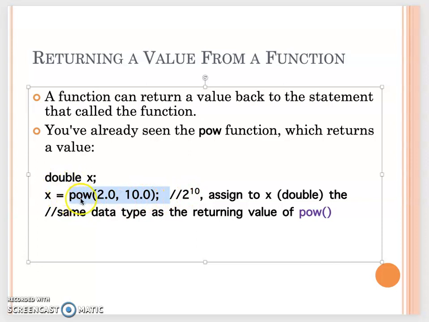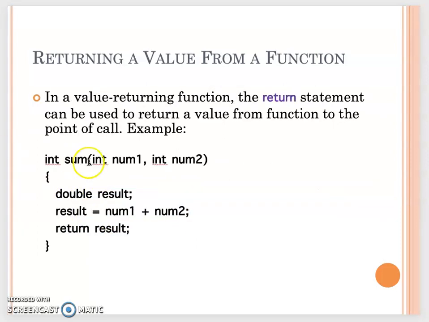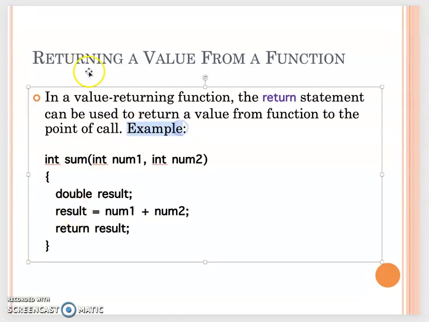But here is how we call the function. The example we want to see is how we implement a return value function. In this example, we're using a function called sum. This sum function gets two parameters. We're using two int parameters, num1 and num2, to receive two integer values.